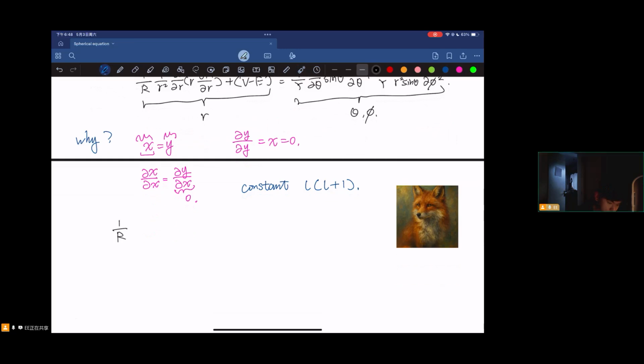So now we have two parts. The first part is about the R. And the second part is about the Y, which is the angle part, and the radius part, basically.